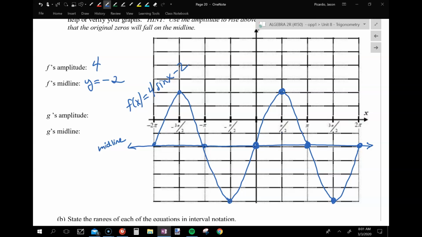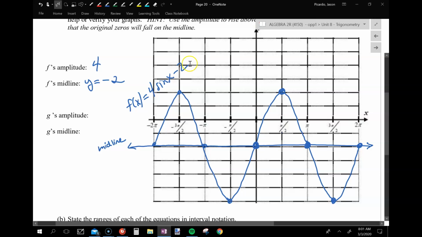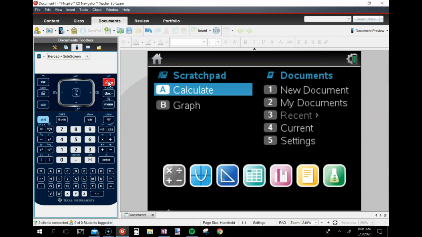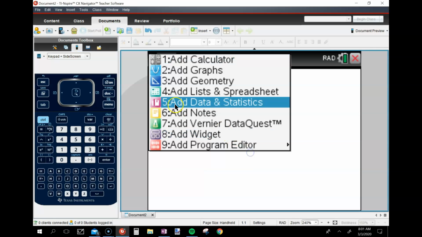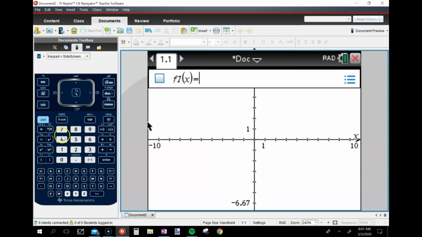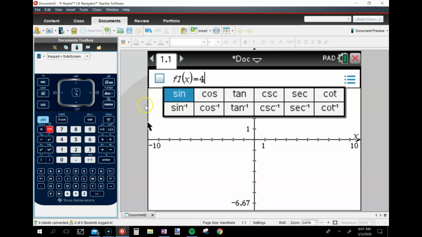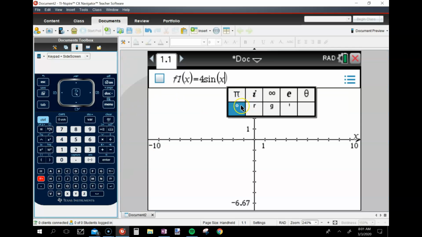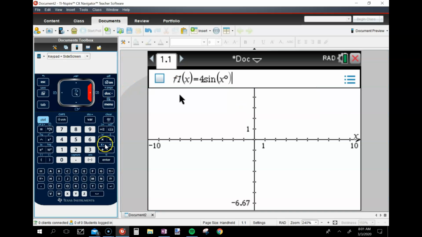Now, maybe you looked at that problem and you said, you know what, Picardo, I kind of think I got it, but maybe I'm not real sure about what you just did there. So if you really want to check your work, you're going to go to a calculator. You're going to type in 4 sine of x degrees minus 2.